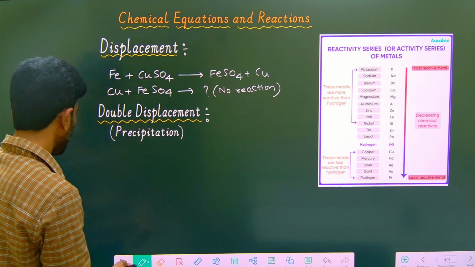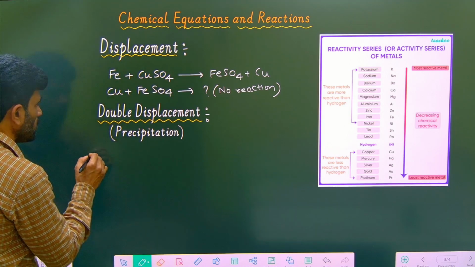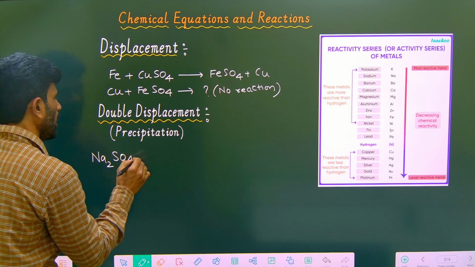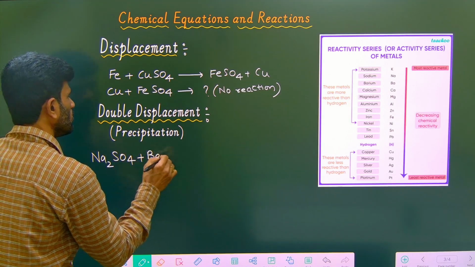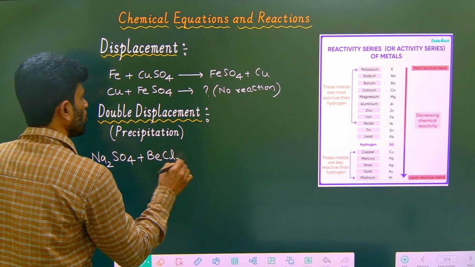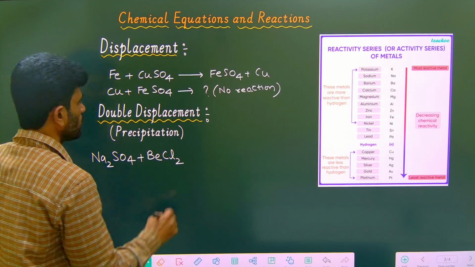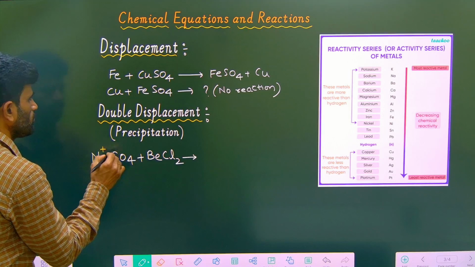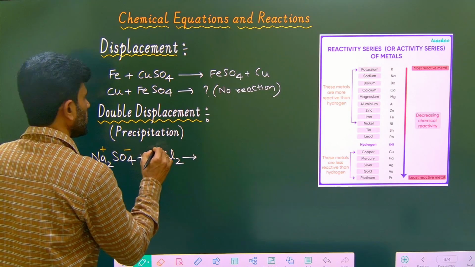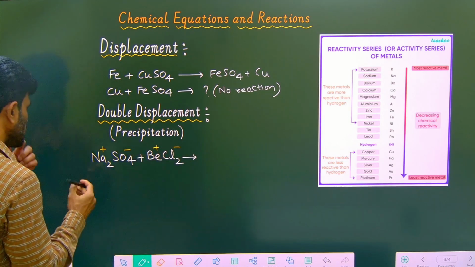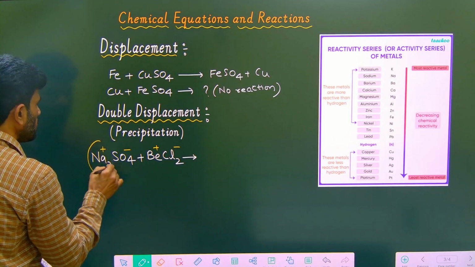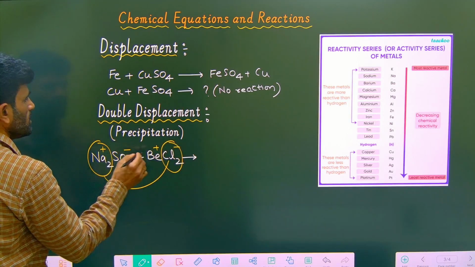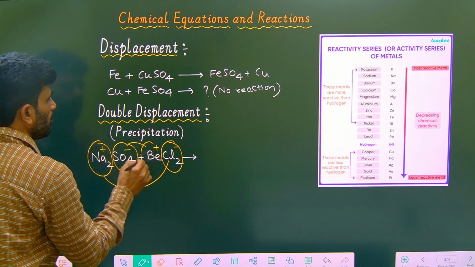By one example you can understand better. There are two salts, Na2SO4 and BaCl2, barium chloride, sodium sulfate plus barium chloride. After the reaction what happens? Here this is cation and this is anion, this is again cation, this is anion. So this sodium combines with chlorine and this sulfate combines with barium.